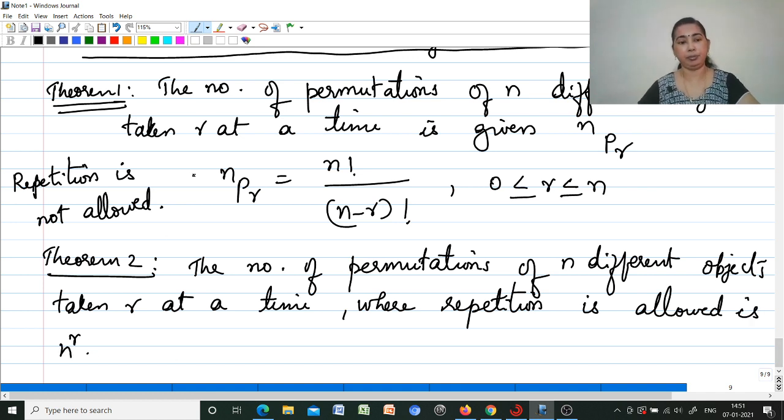So, if repetition is not allowed, nPr is equal to n factorial by n minus r factorial. If repetition is allowed, the number of permutations of n different objects taken r at a time is n raised to r.